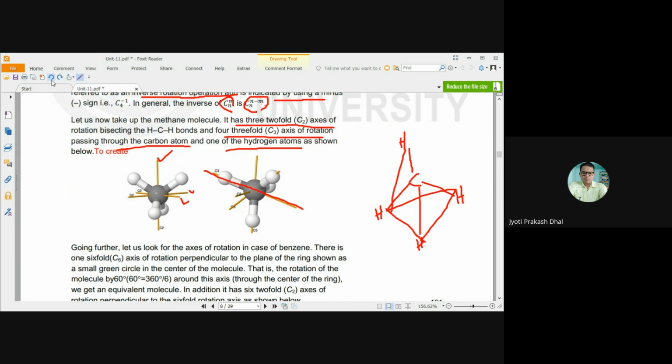You can see the four C3 axes of rotation. This is the first C3 axis, this is another, this is another, and this is the fourth C3 axis of rotation.